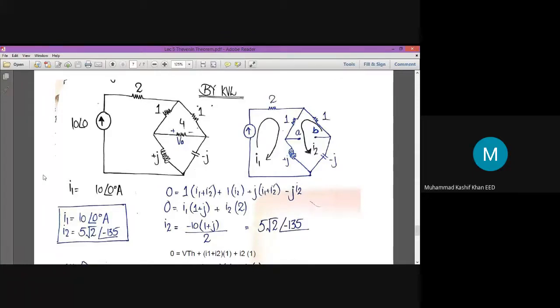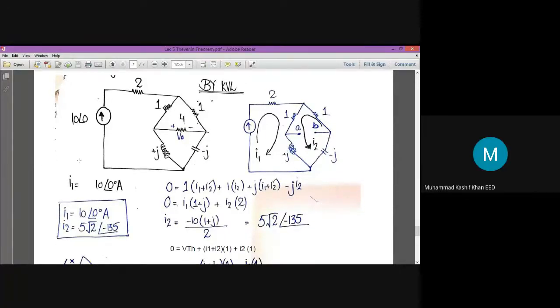But in the last example, I solved a question for you with the help of KVL just to show you how complex things can get with KVL. Although the result will be fine, you might commit some mistakes while solving the Thevenin theorem with KVL.